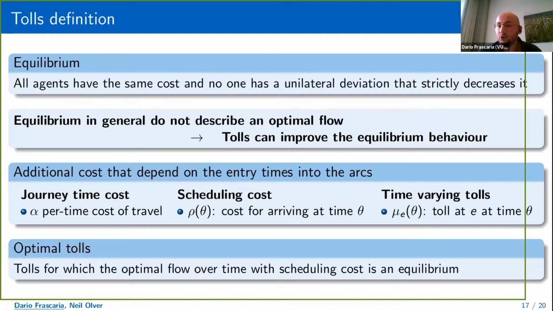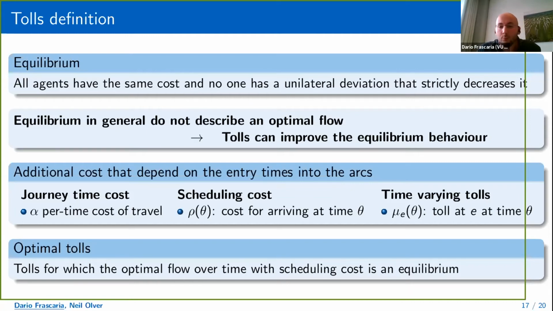They are quite inefficient. One way to improve the equilibrium behavior is to introduce extra cost on the arcs, so to introduce tolls. This might make the agents change the route, or it might force them to choose a different departing time.